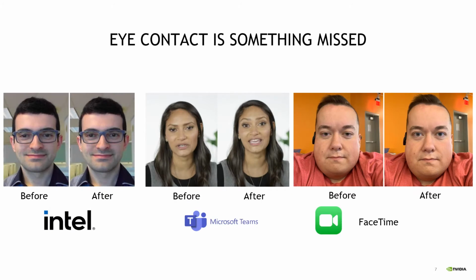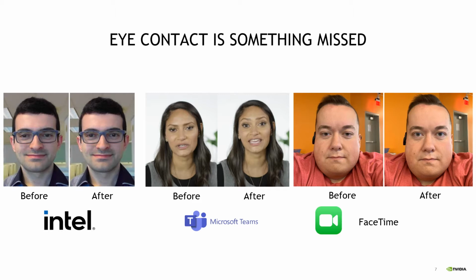And there are also eye contact issues. We tend to look at the person on the screen instead of looking at the camera, and this creates eye contact issues. Although we are really looking at the other person's face, because we are not looking into the camera, it looks like we are not paying attention.